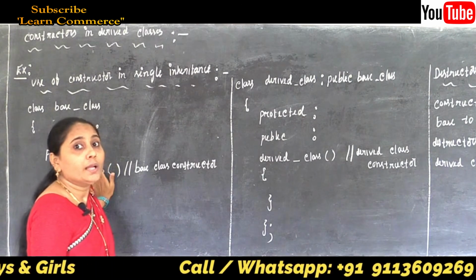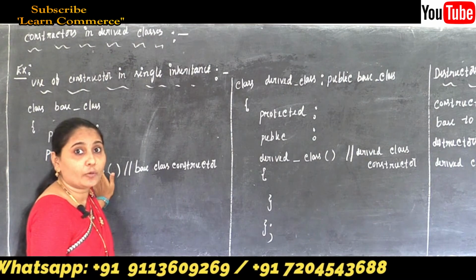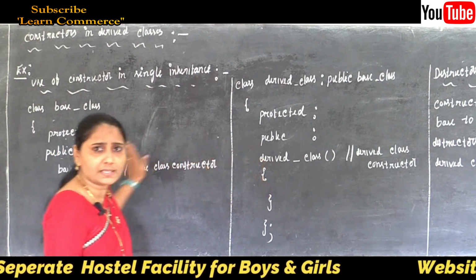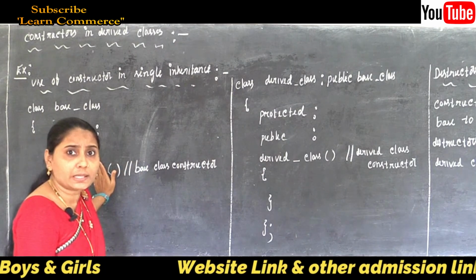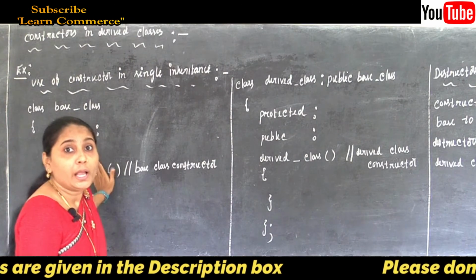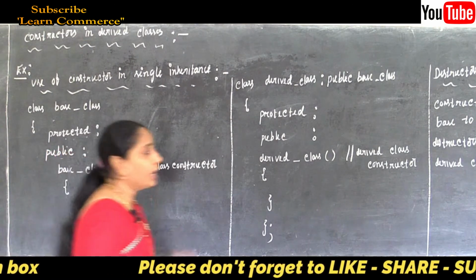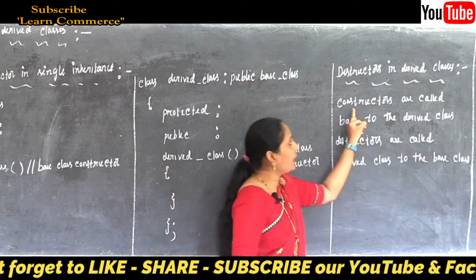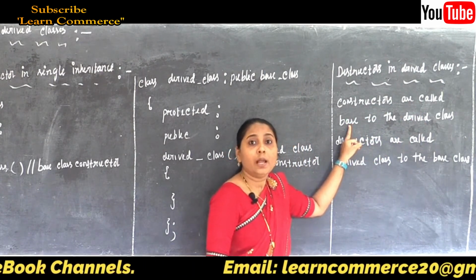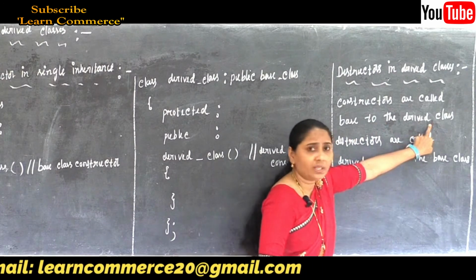Here, first of all we call the base class constructor, since the derived class passes arguments to the base class constructor, but first of all we call the base class constructor. So we can say that constructors are called down the line, from the base class to the derived class.